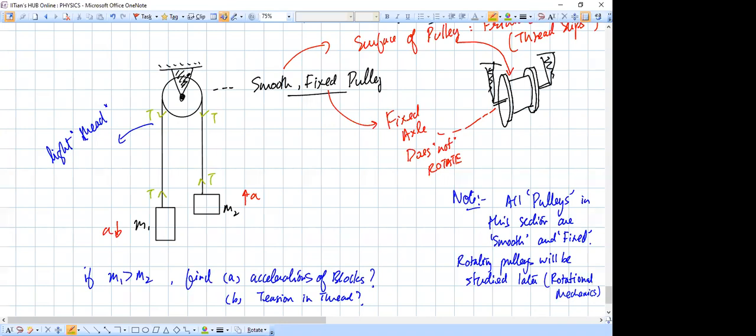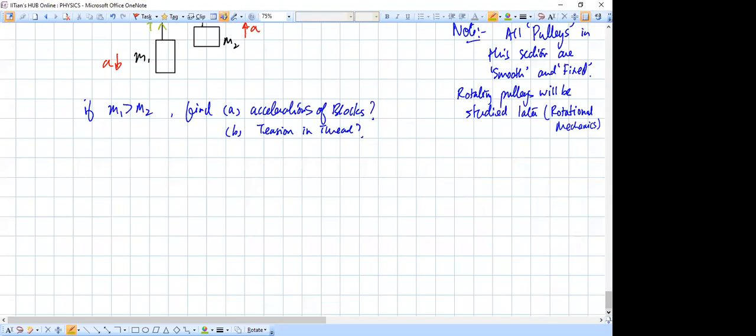So ultimately we'll solve the whole problem by free body diagrams. We will make the free body diagrams for each of the blocks. For the block M1, you can just show it as a particle also. You can see that there are two forces. Yes, that's correct, beta.